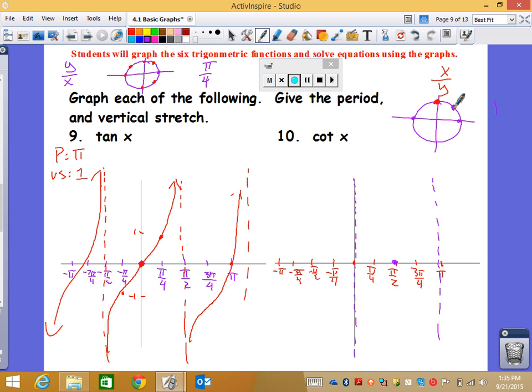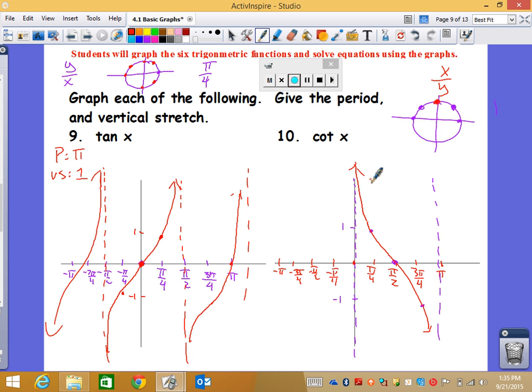What do you see at pi over 4? Well, using my special triangles, the x value is 1, and the y value is 1. So I'm actually going to be at 1 there. What about at 3 pi over 4? X value of -1 over y value 1, so I'm at -1 there. So it's slightly different in the fact that it starts high and then it goes low, whereas tangent went the opposite way.